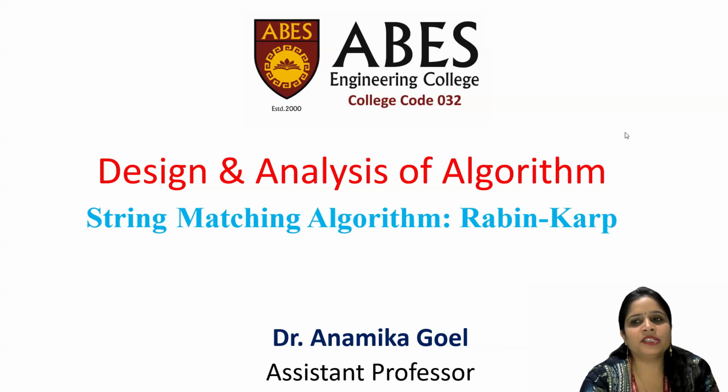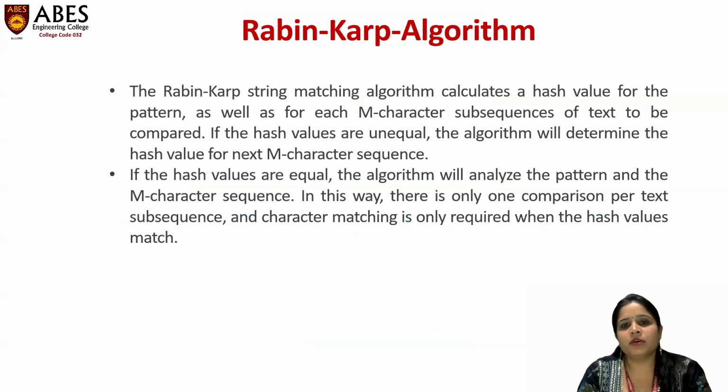In today's lecture, we will first discuss the Rabin-Karp string matching algorithm. In Rabin-Karp, first we calculate a hash value for the pattern as well as for each m-character subsequence of the text to be compared. If the hash values are unequal, the algorithm determines the hash value for the next m-character sequence.